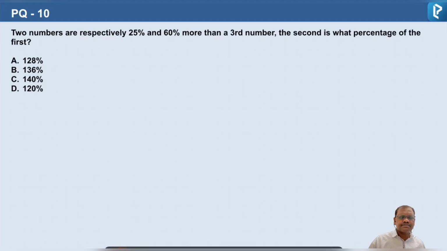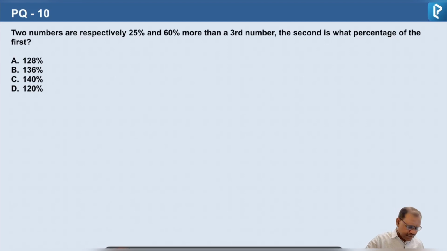Question number 10. Two numbers are respectively 25% and 60% more than a third number. The second is what percent of the first? So let us assume the third number as 100.